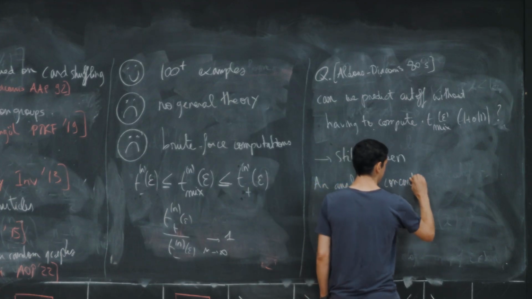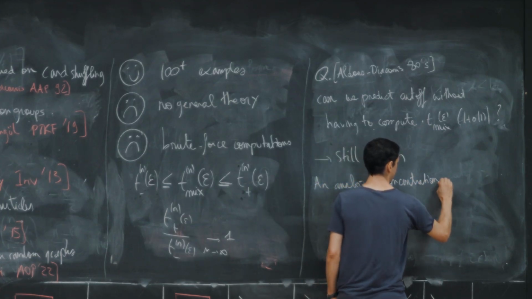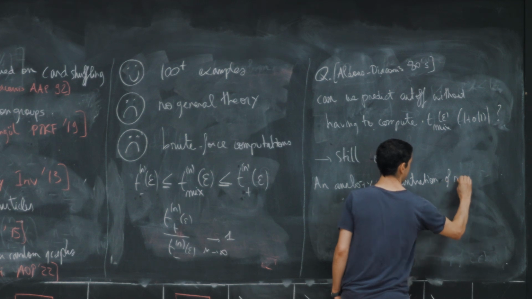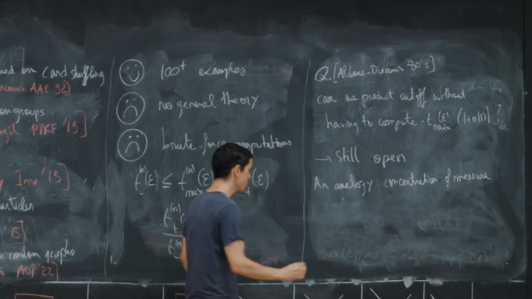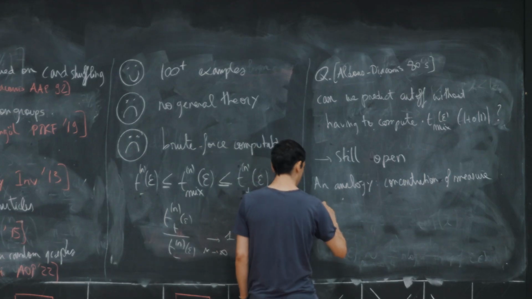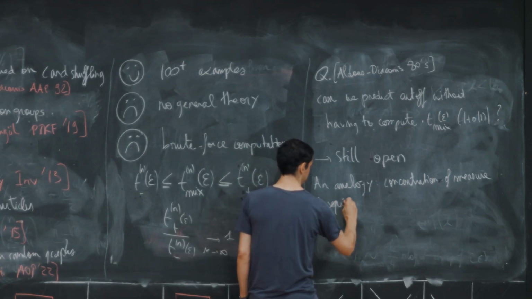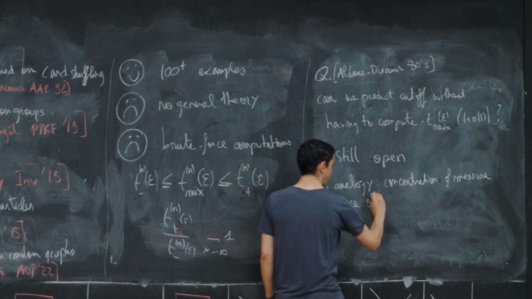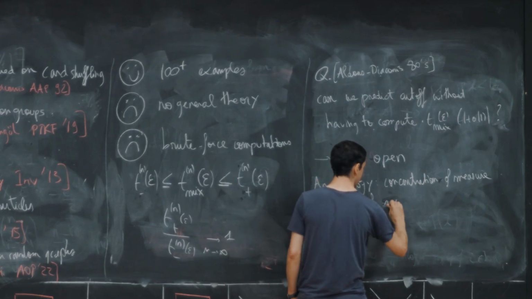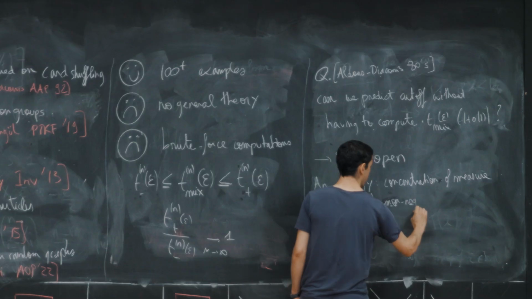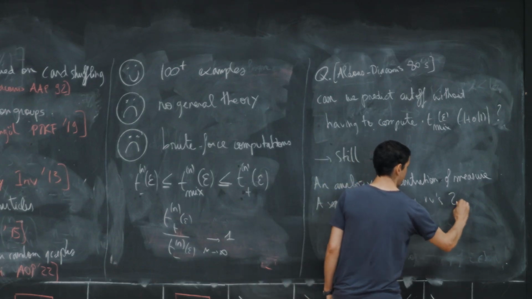Concentration of measure is a phase transition. So let's keep things simple and just look at a sequence of random variables, say real valued or even non-negative, to keep things simple. So Zn.